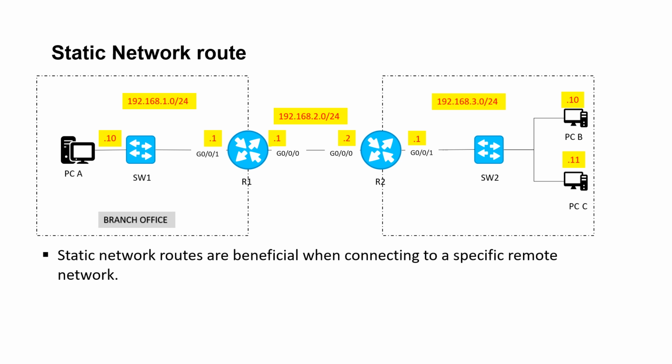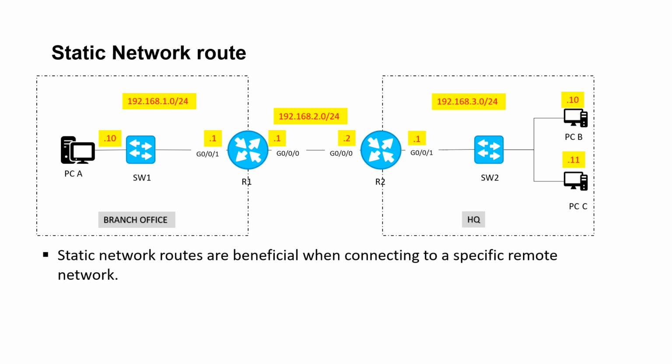For example, let's say I have a branch office and I want to connect to some services in the HQ. So our network in the HQ is 192.168.3.0/24 and the network used in the branch office is 192.168.1.0, and to reach the HQ I have to pass through R1 and R2.